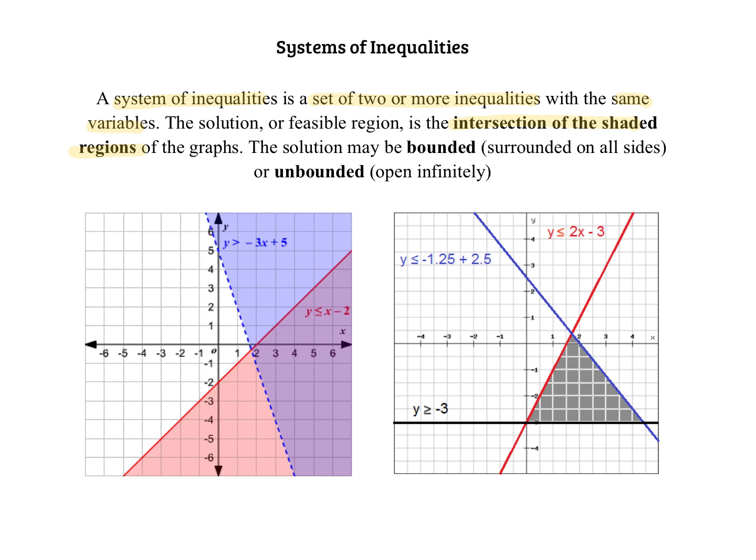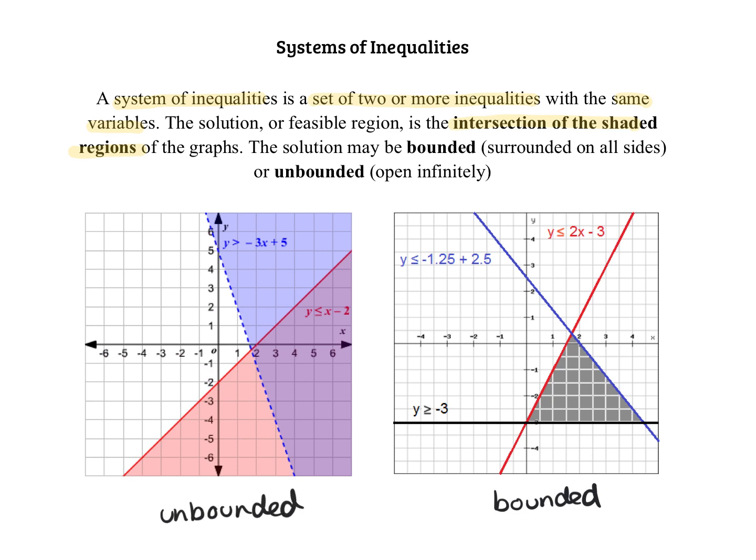So it's very possible for your graph to be bounded, like you see in this second example here, meaning it is contained on all sides by an inequality. It's also very possible for your solution to be unbounded, like you see in this first graph.